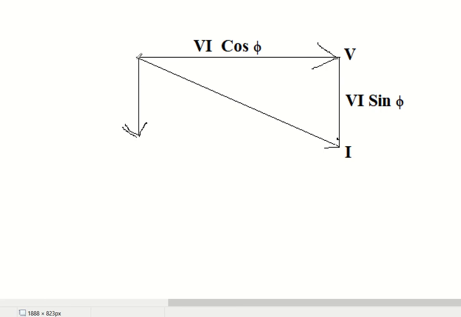So I drew I sin phi, and took that vector over here, and here we have I cos phi.